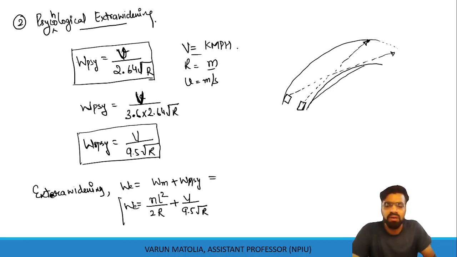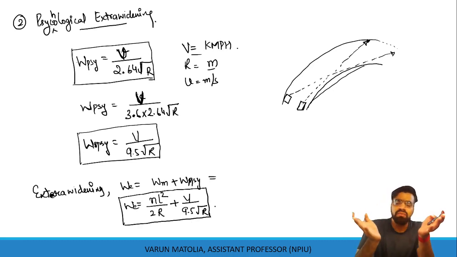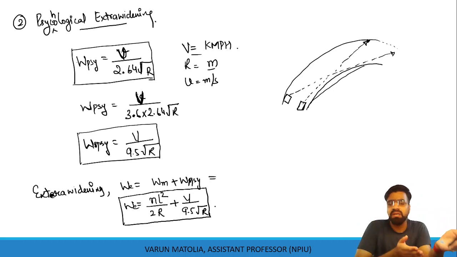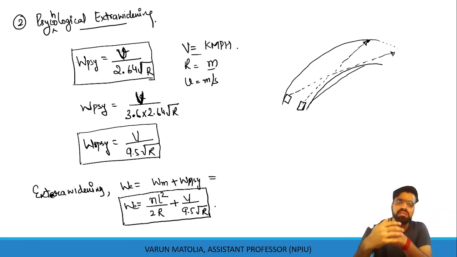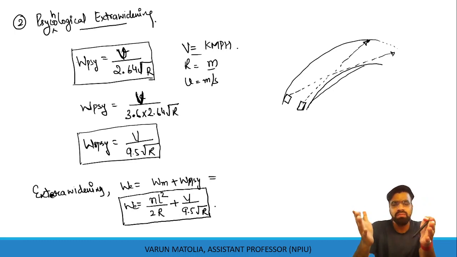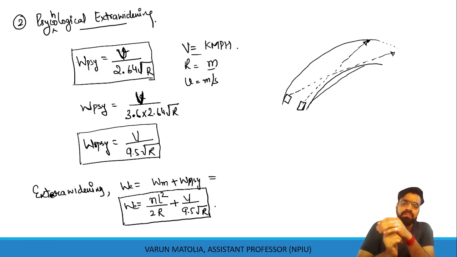So this is the formula, and you should remember this formula. This can be asked as what is the psychological extra widening separately. They can ask you what is the mechanical extra widening separately, or they can give you all the values and ask what extra widening should be provided for this road.